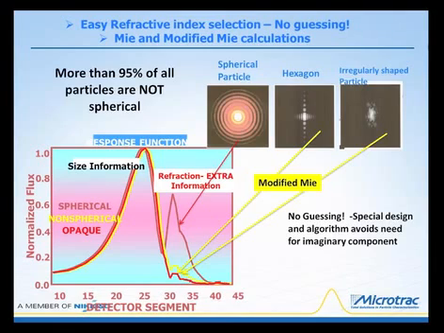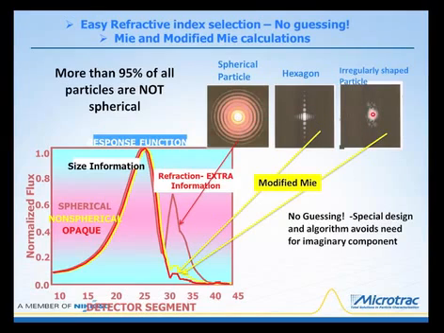But as we start to change the shape of the particle from something that's spherical, if we look at something that's a hexagon, we develop a pattern like this. But if we go further with amorphous shaped particles that are not spheres, we actually get something that looks like this. So there's such a grand difference between a spherical particle and a regular shaped particle.